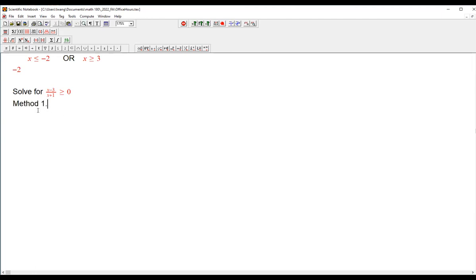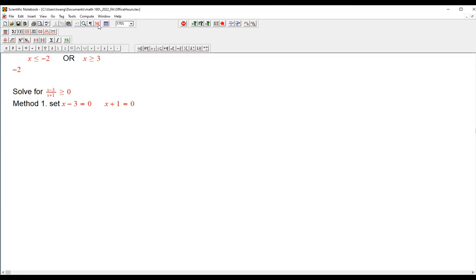Method number 1: we can set the numerator equal to 0. And what is the purpose? I want you to go and think about that. When we set this equal to 0, and we also set x + 1 equal to 0, what are we trying to do? We're trying to identify points.